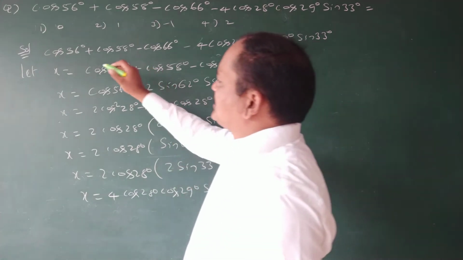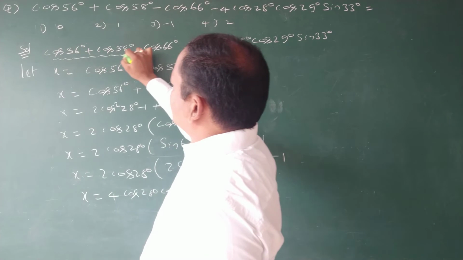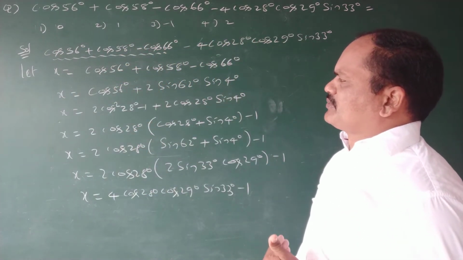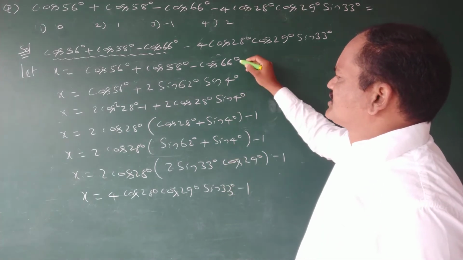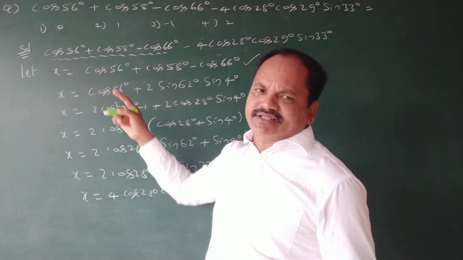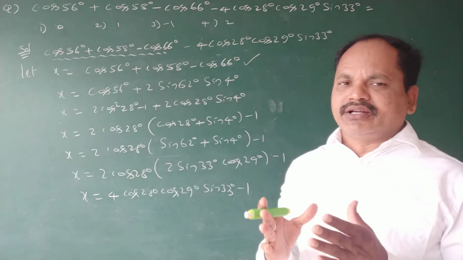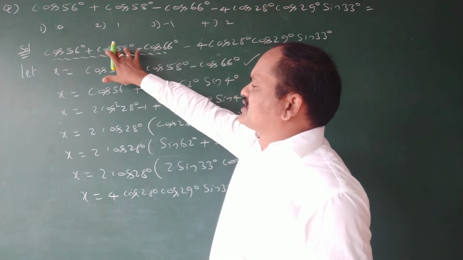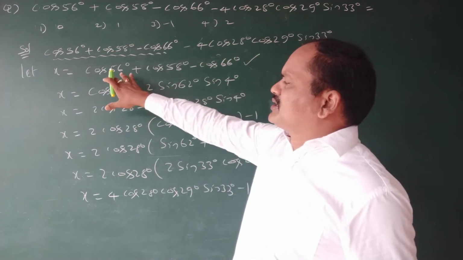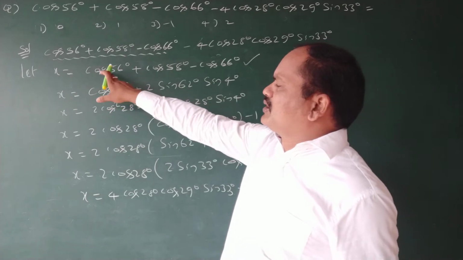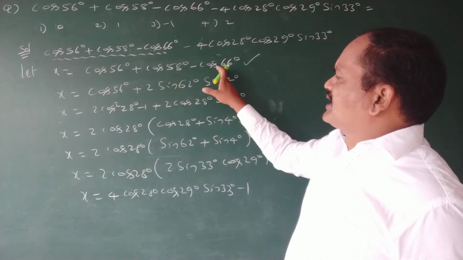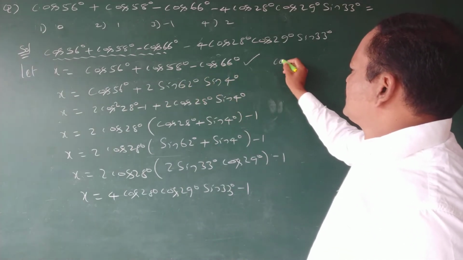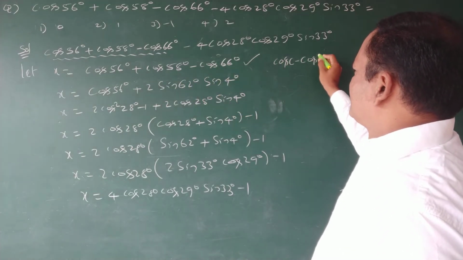Let us consider this underlined part, that is cos 56 degrees plus cos 58 degrees minus cos 66 degrees, taken as x. That means we have to find this value first. We compare with the formula for cos C minus cos D. What is the formula for cos C minus cos D?